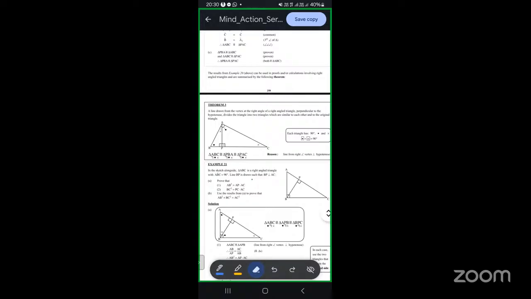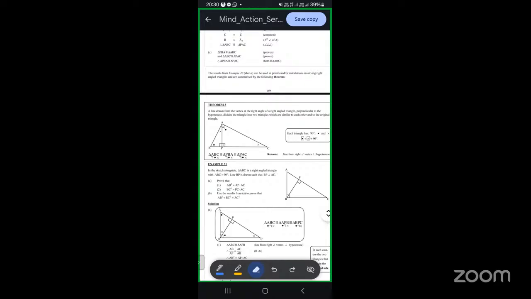ABC is 90 degrees. Since it is a right angled triangle, this is 90. Okay, that's a powerful piece of information. And then now the line BP, here we can see, is drawn such that that line BP is perpendicular to line AC. That perpendicularity means that we've got 90 degrees here and also 90 degrees this side.